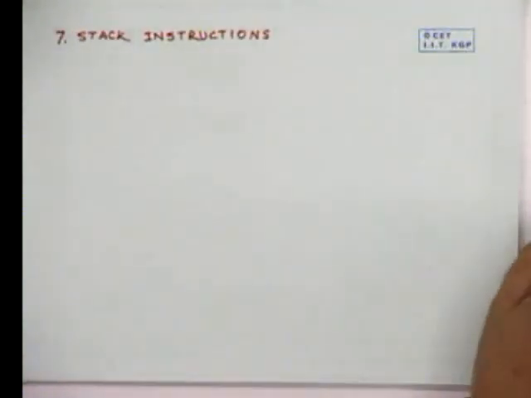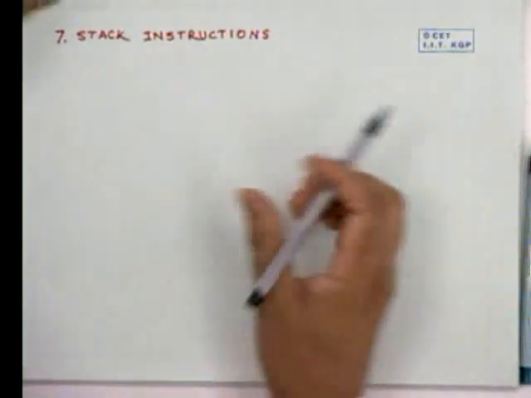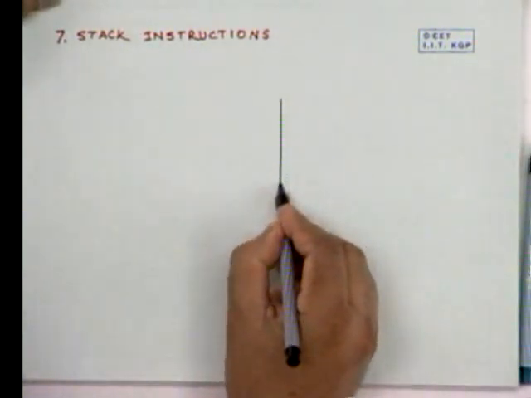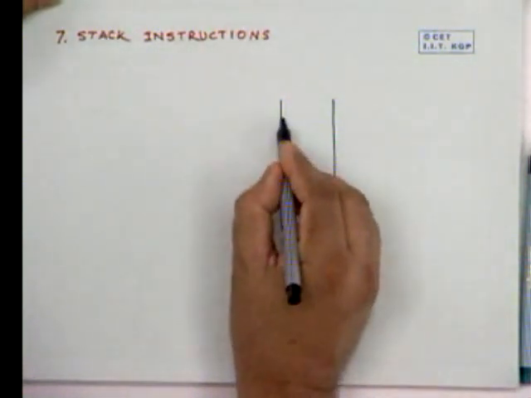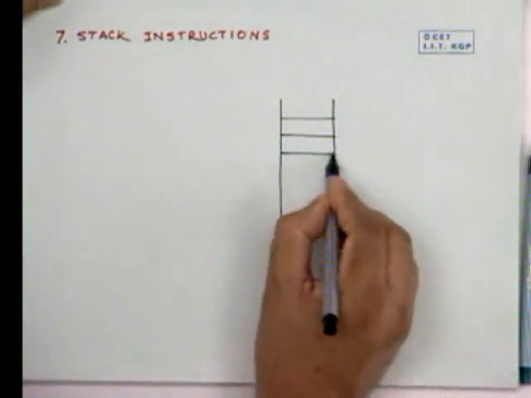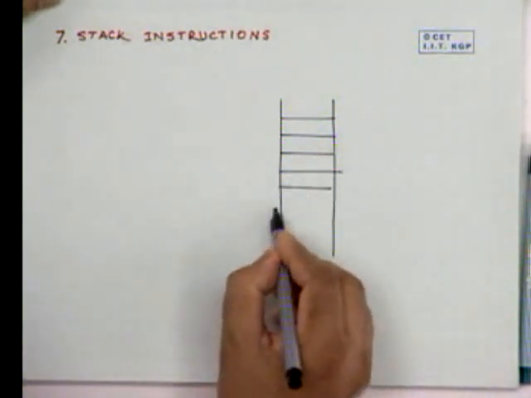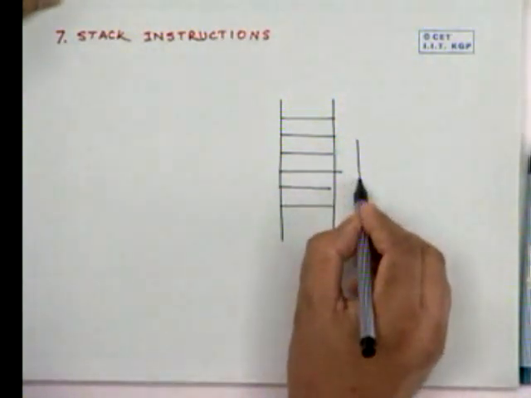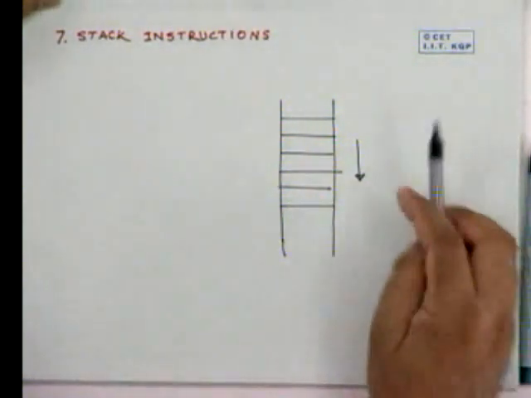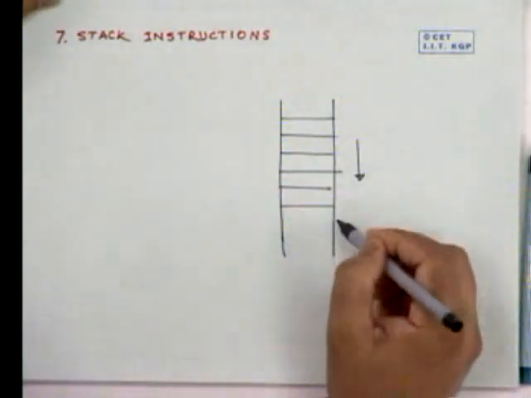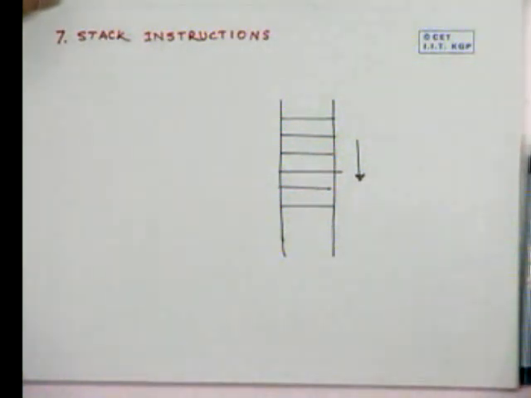Now say this is our memory, with increasing memory location. We can define a portion of the memory as a stack by defining the stack pointer.